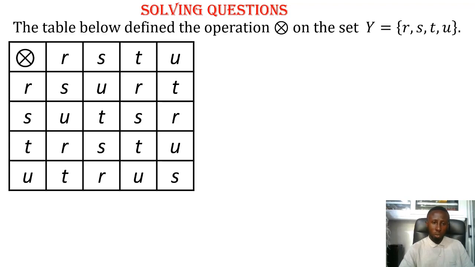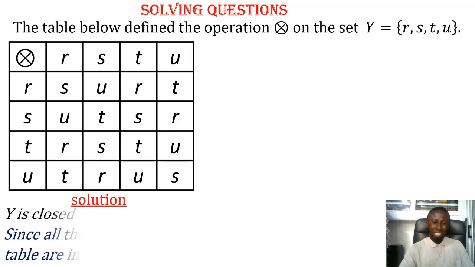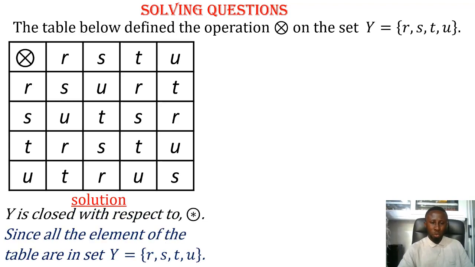You have R, S, T, U. So Y is closed with respect to the operation. Y is closed is true, since all the elements of the table are in the set Y. Good, that's good.